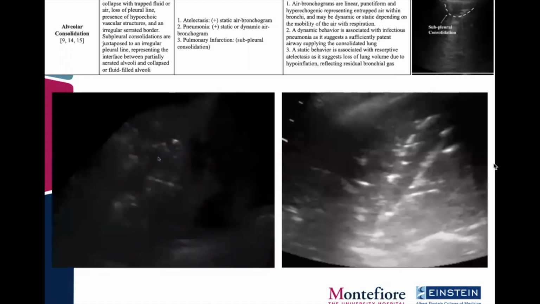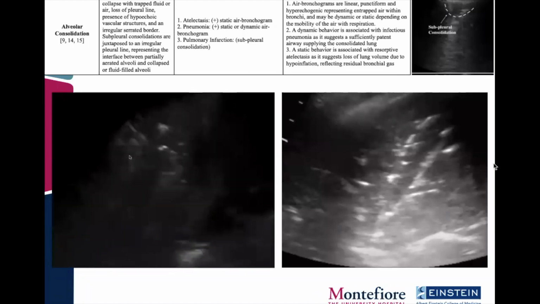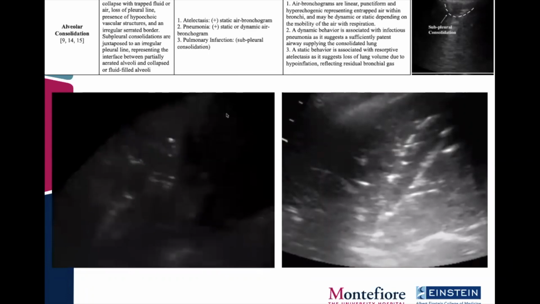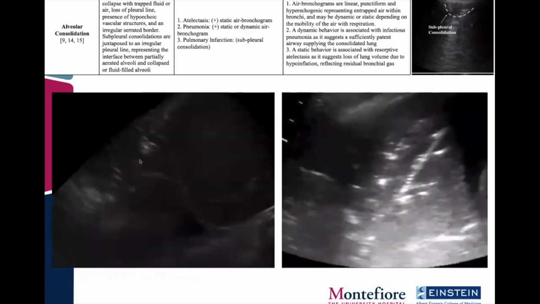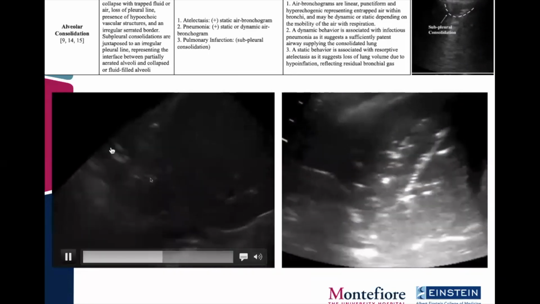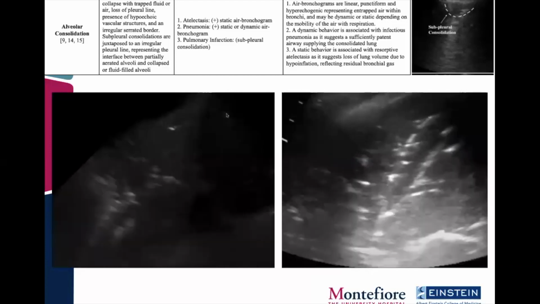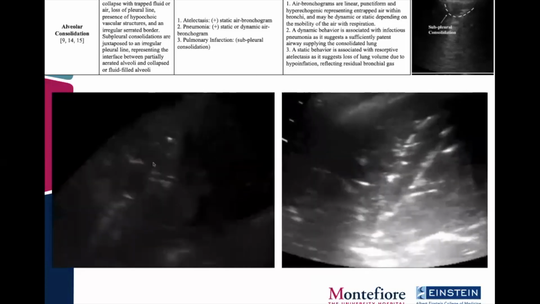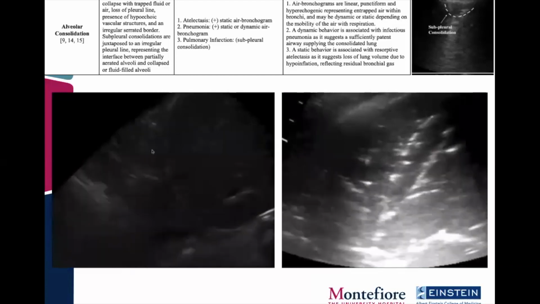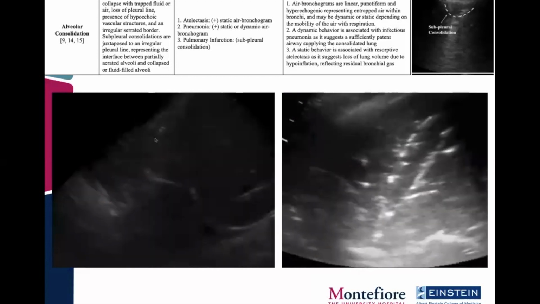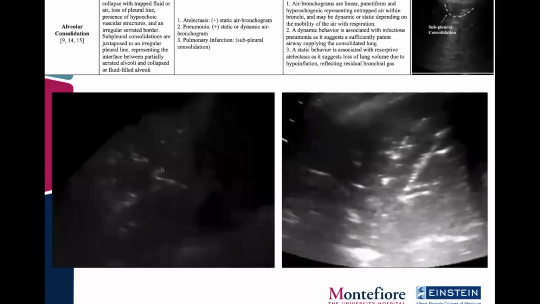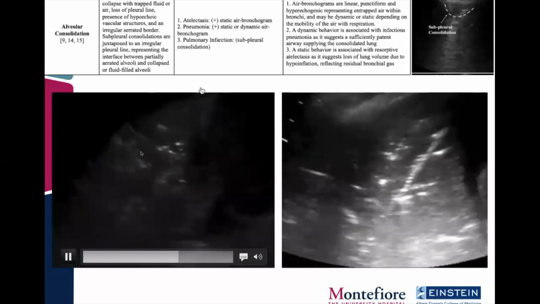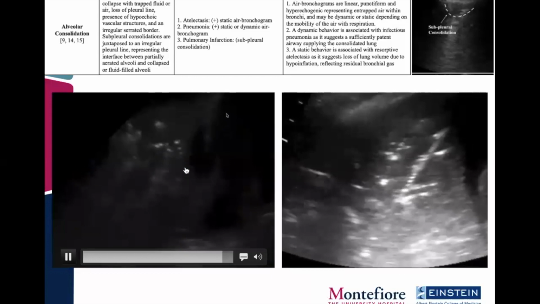Moving on, the next sonographic sign is the consolidated lung. Here we're seeing 2 large consolidations. Lung consolidation forms when alveoli collapse or become fluid-filled, and this process allows ultrasound waves to propagate through lung and visualize a real image versus artifacts like A lines or B lines.